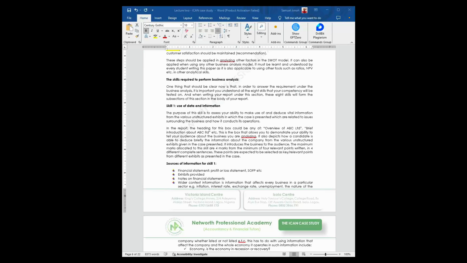You have to use your intuition to identify the most suitable model for such a scenario. Of course, if the case is about identifying the external factors that are affecting a particular client in a particular industry, you might be using the PESTLE model alongside a SWOT model to solve that kind of case. So you have to be able to identify that model. Thank you for that question.